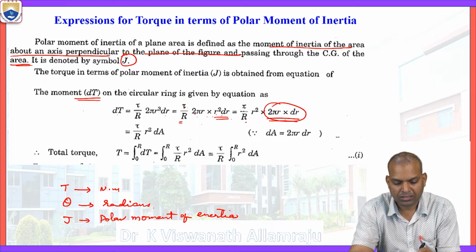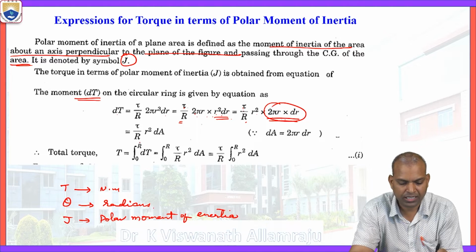Now this term is transformed to tau by capital R into r squared dA.